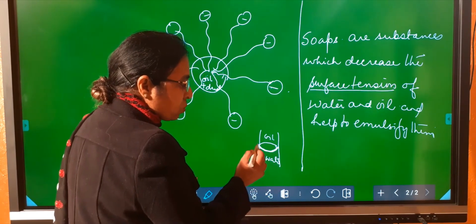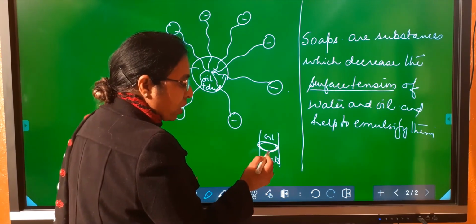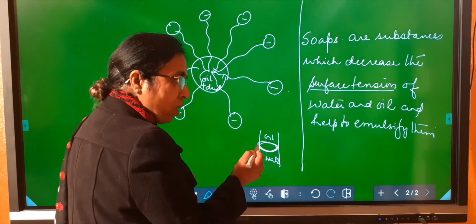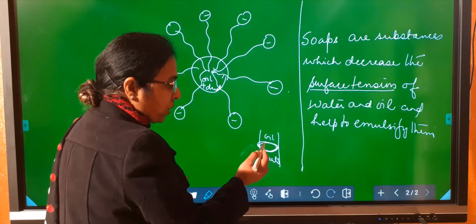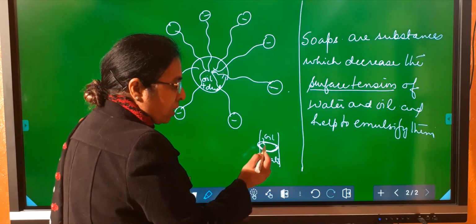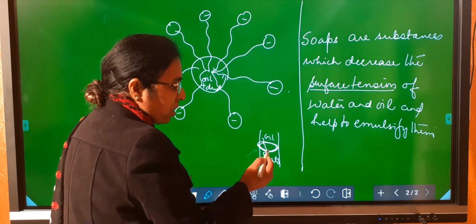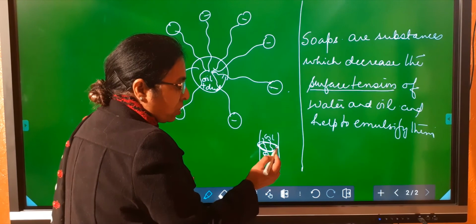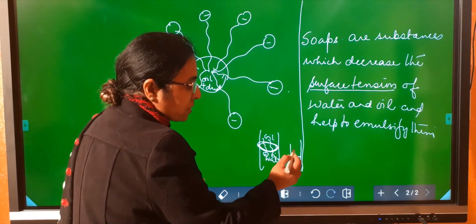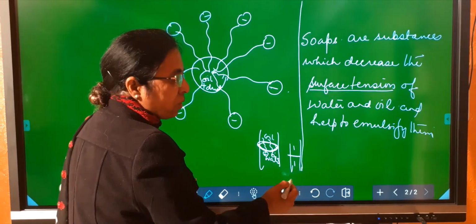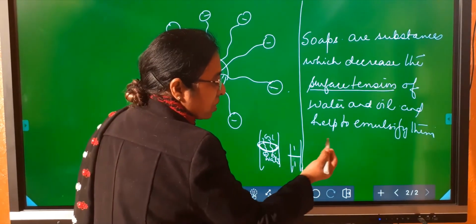Since these two surfaces have their own surface tension, they do not mix with each other. When you add soap, it forms a bridge, joining these two surfaces.